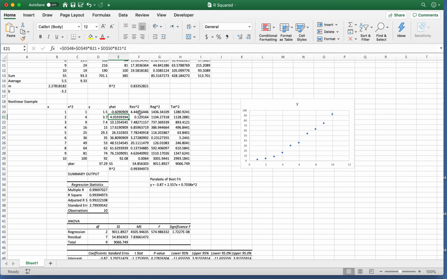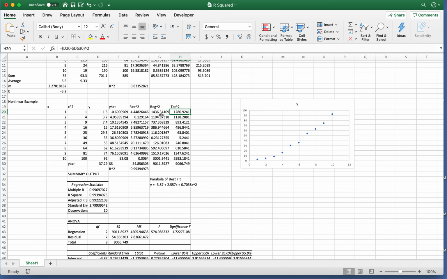Just like we did before, we can find the residual, the actual y minus the predicted y, the regression, which is the predicted y minus y bar, and the total, which is the actual y minus y bar.